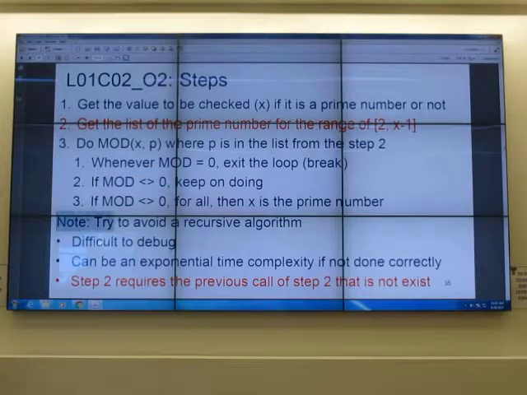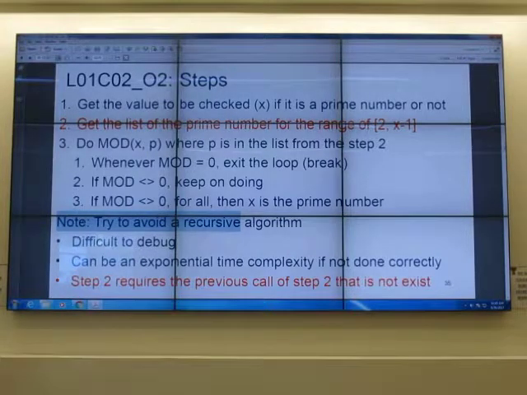Note here, try to avoid the recursive algorithm. Don't try to use a recursive algorithm, okay? Even though it looks cool or something. No, a recursive algorithm is not for general calculation, it's for something else. You can use it if you really think that it's going to give you what you want.